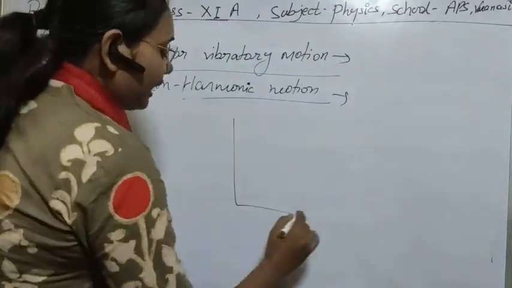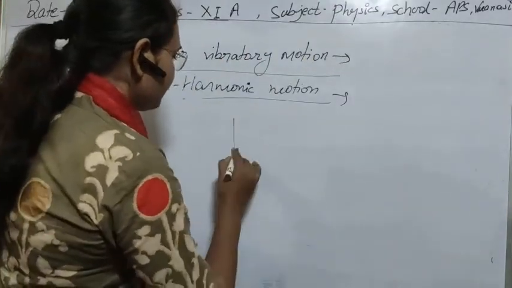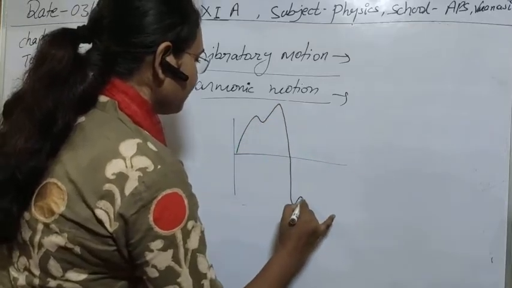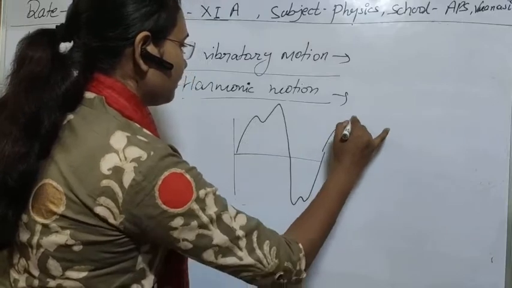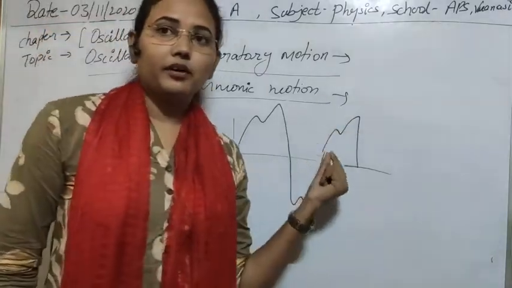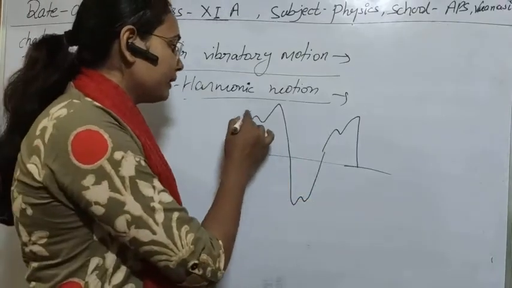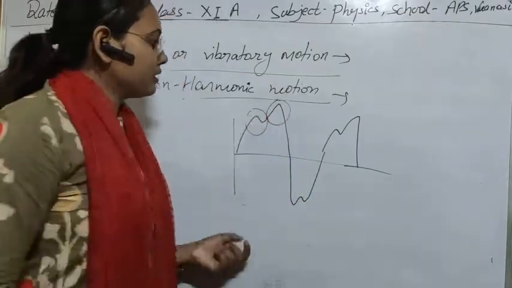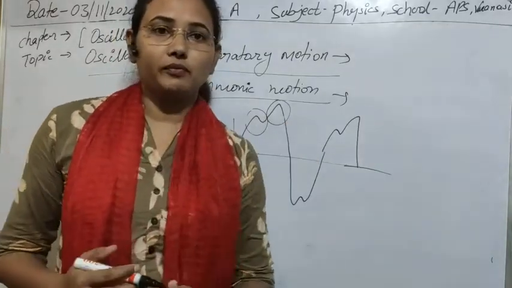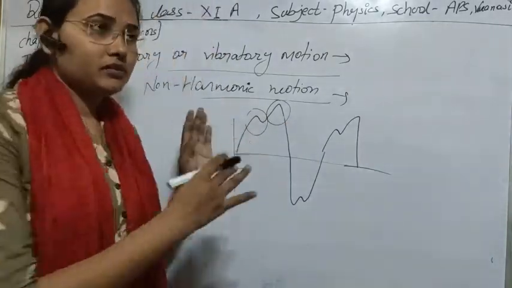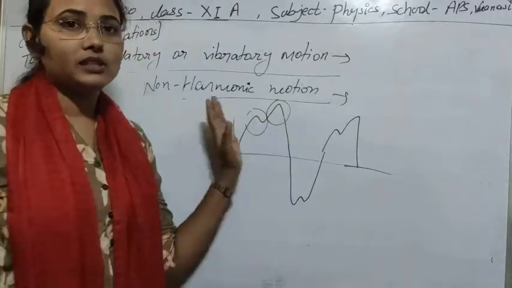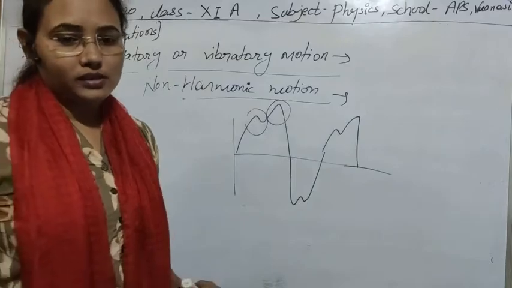Suppose we have such a graph like this. This is also a waveform, and here the wave contains two harmonic motions, and the superposition of these two harmonic motions can be represented by such a wave. These waves have changed frequency and other properties. So this is non-harmonic oscillation.